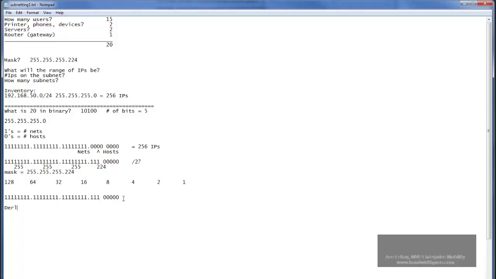But in this case, I'm just going to type out delta equals 32, because it's the first one to the left of the zeros in the mask, which in our case is the sixth position from the right.